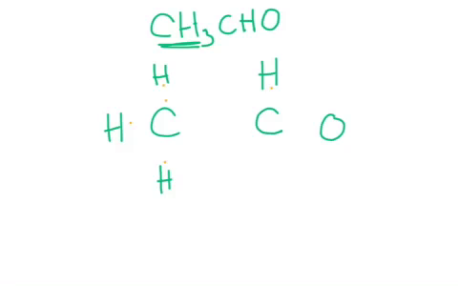Each carbon has 4 valence electrons. And oxygen has 6. 1, 2, 3, 4, 5, 6. Now I'm ready to play dot to dot. Connect those carbons to hydrogen, connect these carbons to hydrogen, connect to oxygen.